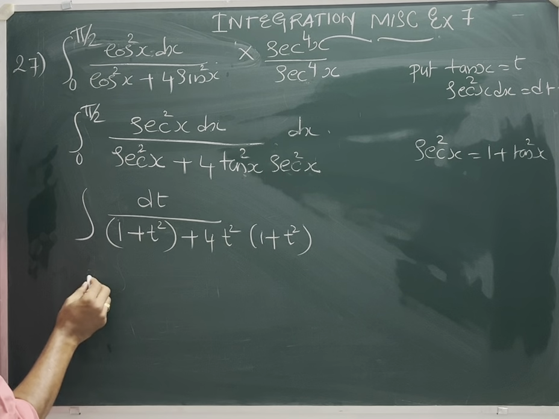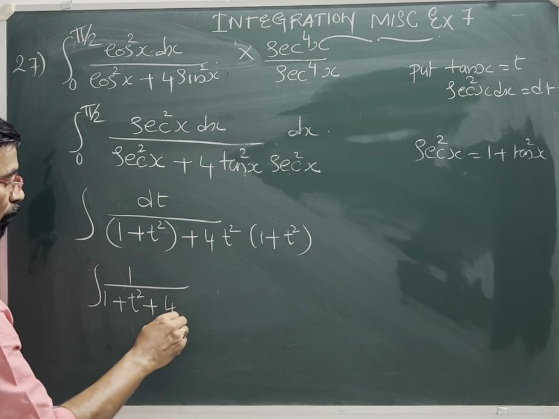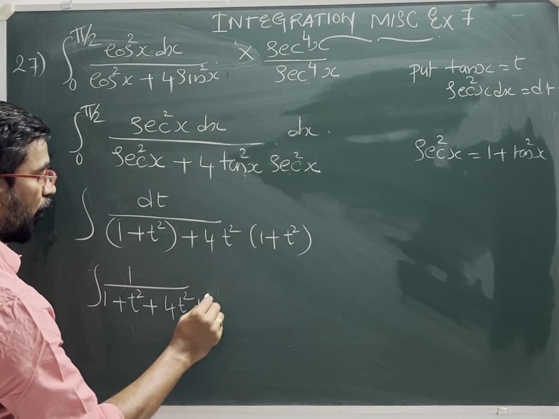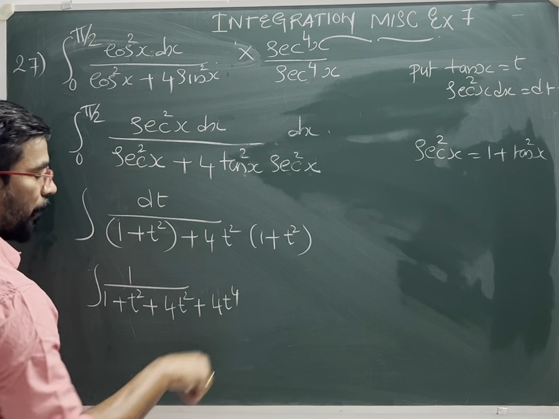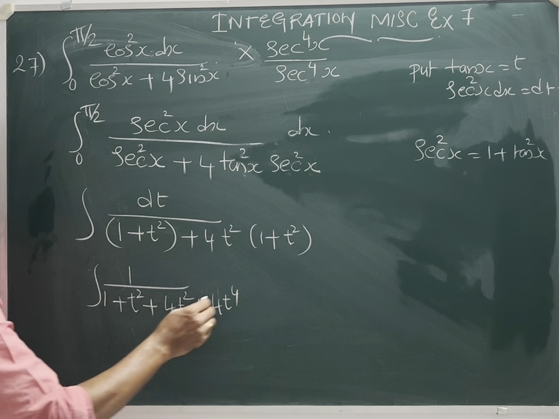So integral 1 by, this will become 1 plus t square plus, if you multiply, you will get 4t square plus 4t power 4. Okay, so this is how we reached this much, dt.